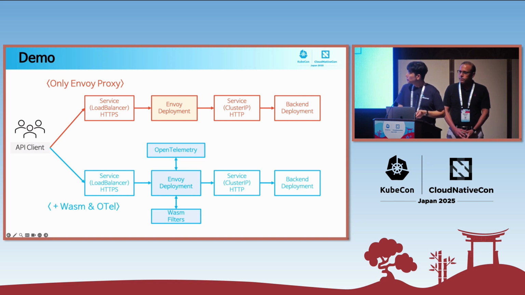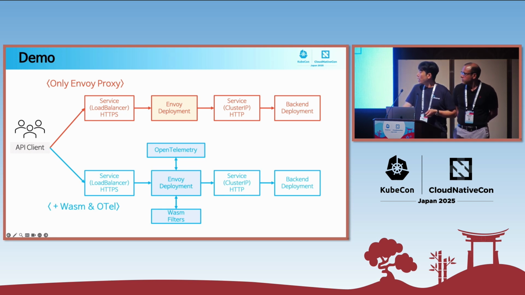The first one is a load balancer type service, supporting HTTPS, on the front end of all the API clients. After that, they access the Envoy deployment first. And thanks to Wasm filters attached in the Envoy deployment, there will be some security logic there. And then OpenTelemetry will monitor everything that happens in this Envoy deployment as well as the Wasm filters.